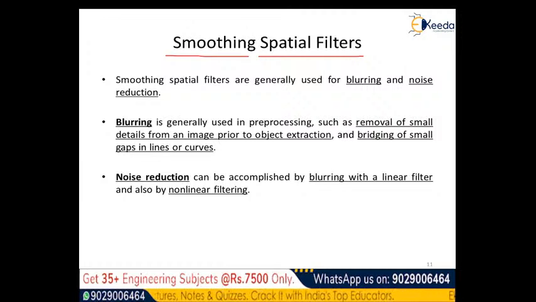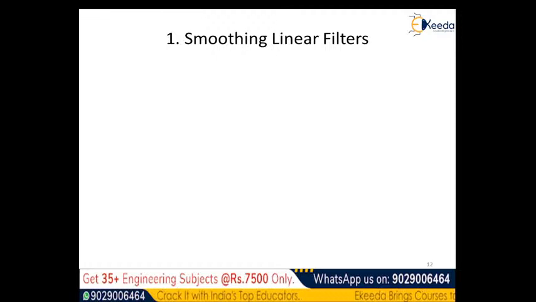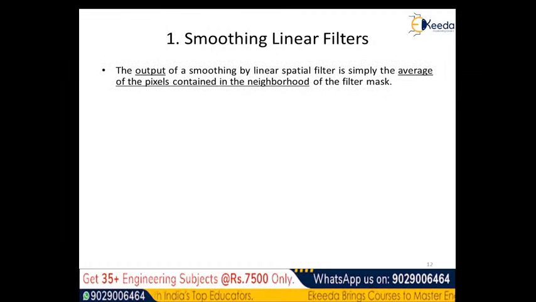Now the first type of the smoothing spatial filters is the smoothing linear filters here. Here the output of smoothing by the linear spatial filter is simply the average of the pixels contained in the neighborhood of the filter mask.